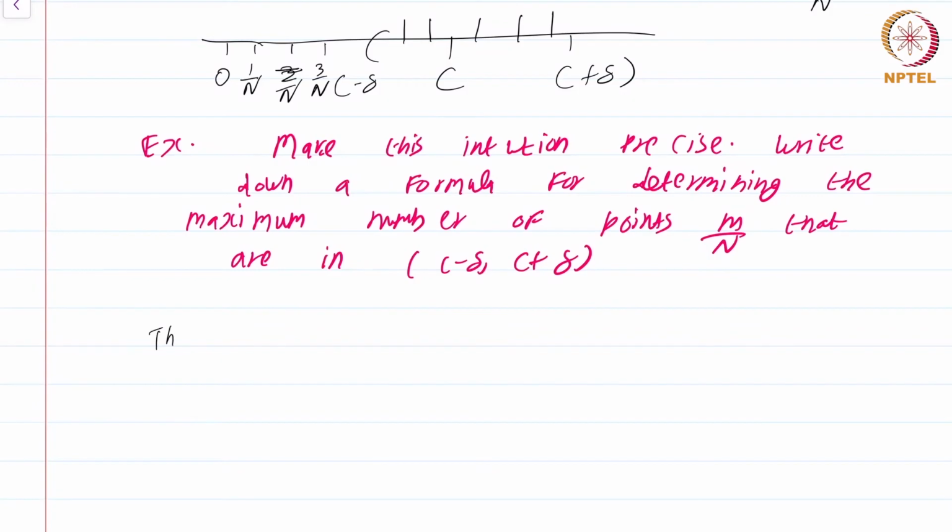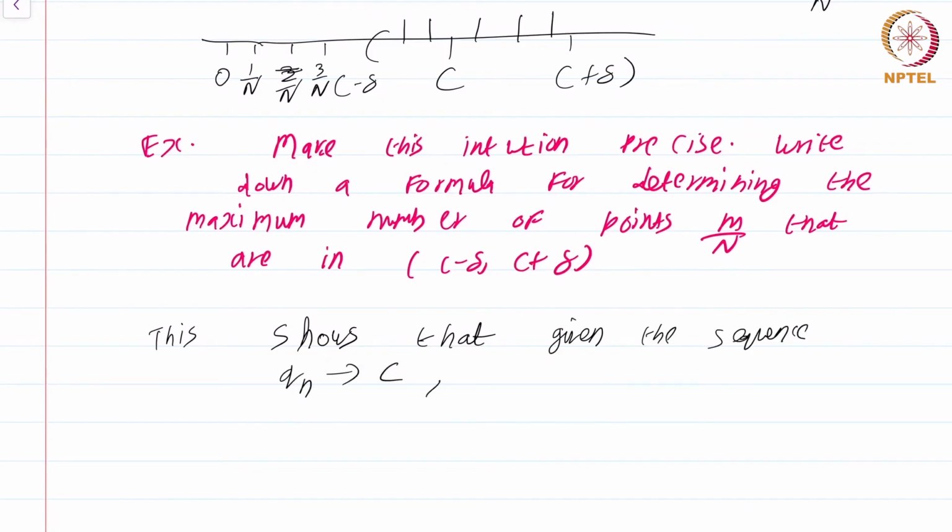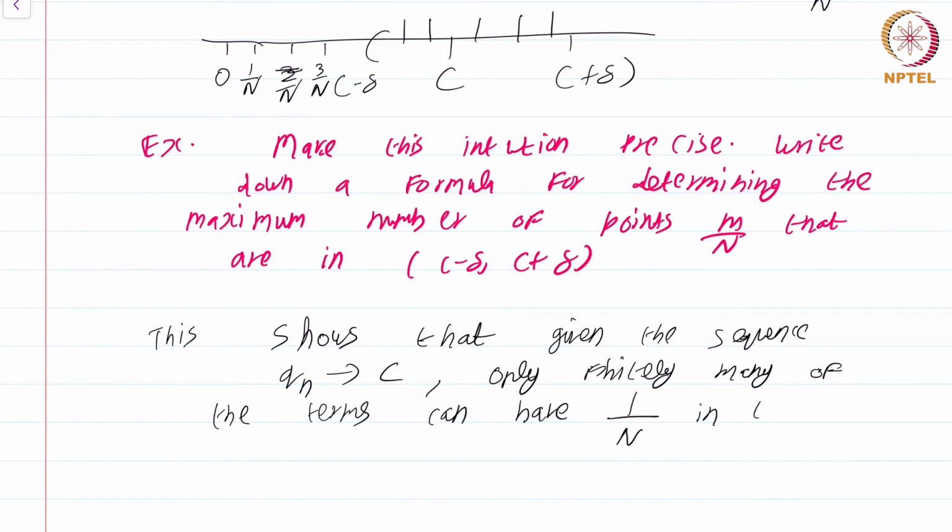Well, this shows that given the sequence Qn converging to C, only finitely many of the terms can have 1 by N in the denominator in the least form.